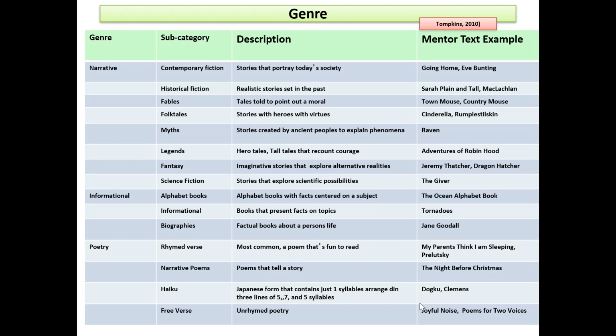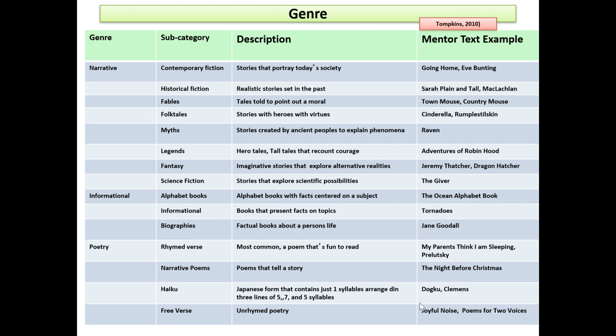Fables and folktales and myths and legends are all about those things that either create a moral or a virtue or a lesson, usually have animals as characters, all kinds of interesting different ways of telling a story out of fables, folktales, myths, and legends. Of course, fantasy and science fiction are those that usually predict a future society or a future population.